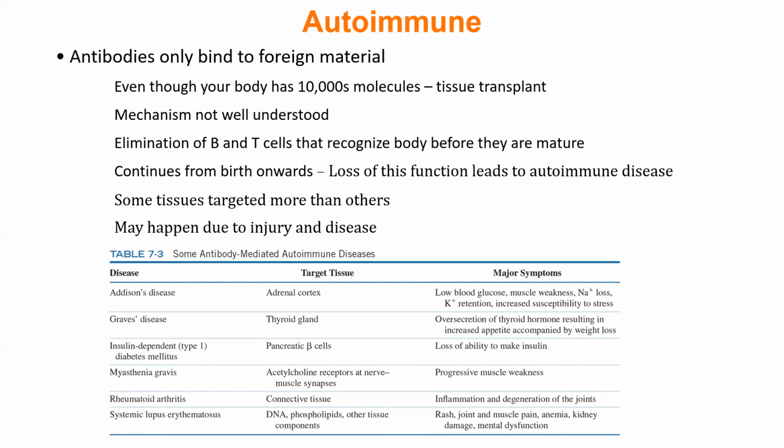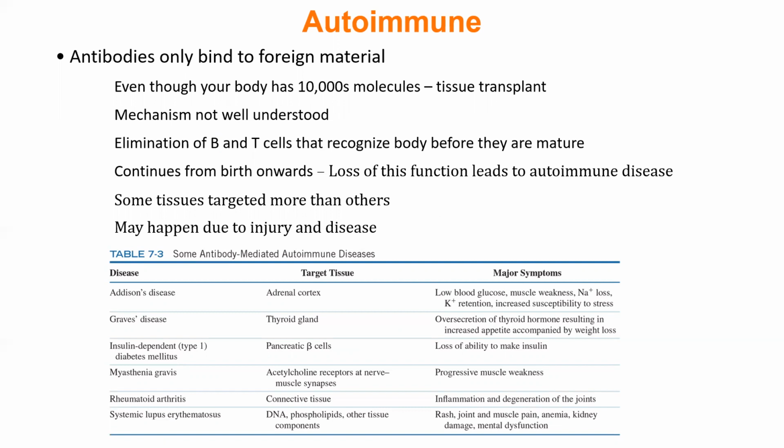Generally, the B and T cells that make antibodies that attack ourselves are usually destroyed before they mature. And this is constantly happening inside your body, right? If you accidentally make an antibody that attacks your own system, normally your body can figure that out and stop that from happening.